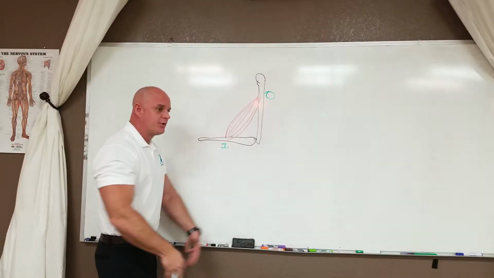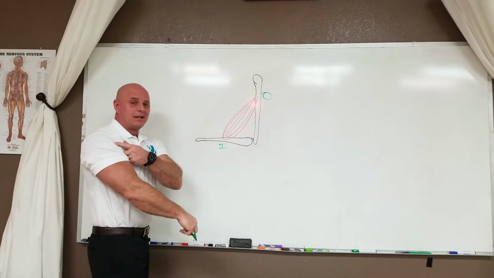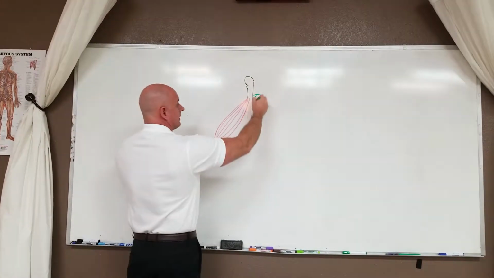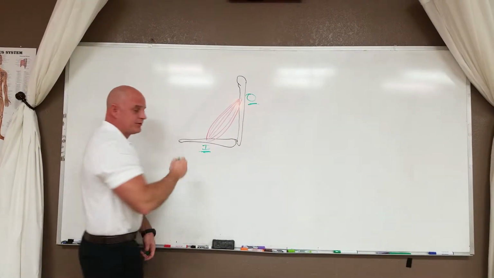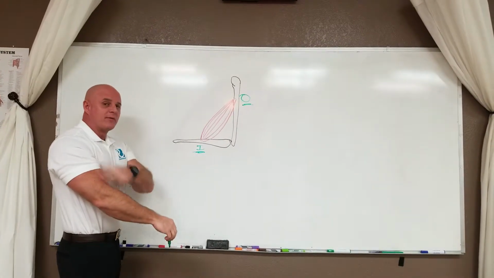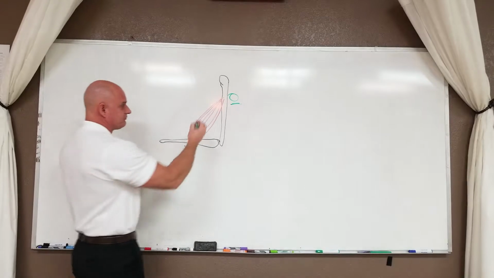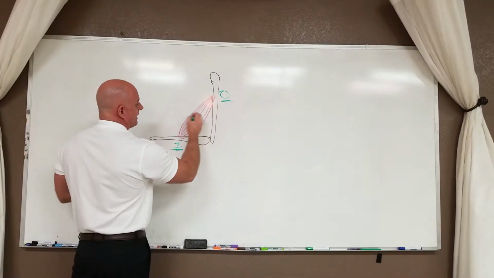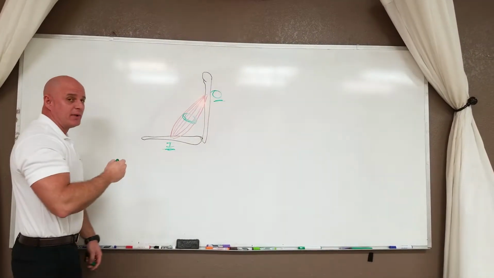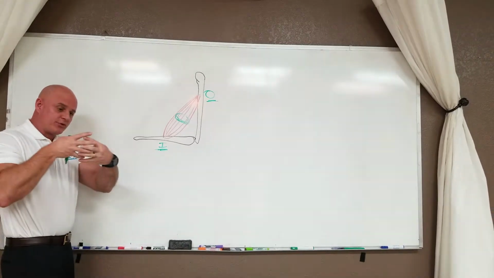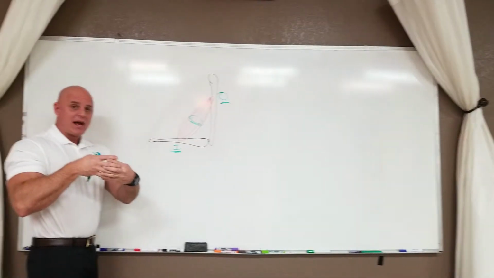Origins are typically closer to the torso, so they're less mobile, more stable, as here. And our insertion is going to be more distal or further away from the torso, so it's going to be more mobile, less stable. All right, well, we also have our muscle belly. That's the center of the muscle. That's where all the fibers are going to come together to create the contraction.